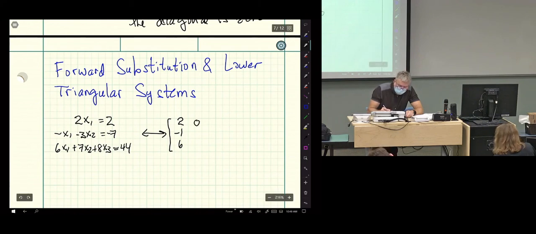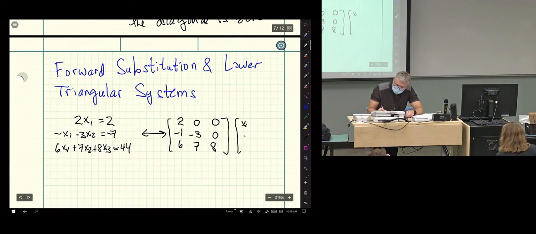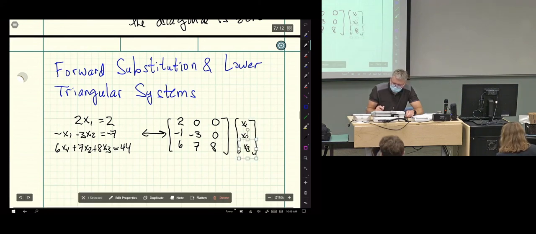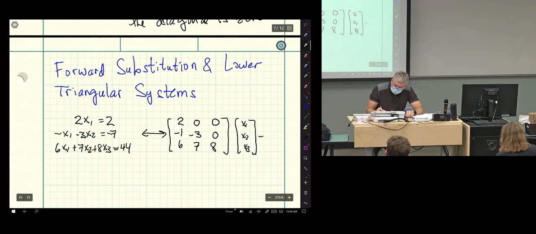There's no x2s. There's -3 times x2. There's 7 times x2. So I'm thinking of that column thing when I'm writing this down. There's 0 x3s, there's 0 x3s, there's 8 x3s. And the right side is 2, -7, 44.